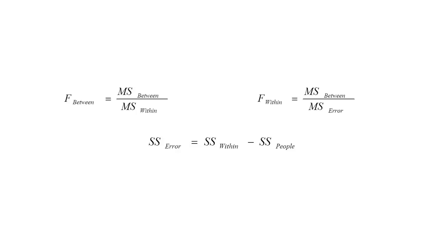So this is really nice because we are going to shrink the noise part of the signal to noise equation, and we're going to make it more likely, usually, that you'll find a significant effect if you're looking at it within subjects ANOVA than a between subjects ANOVA, because you've shrunk your noise.